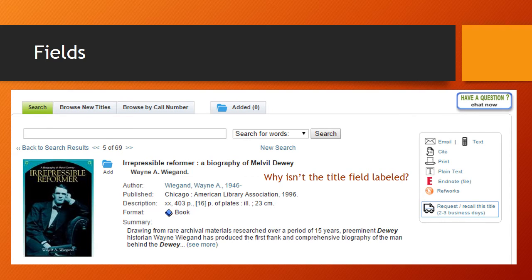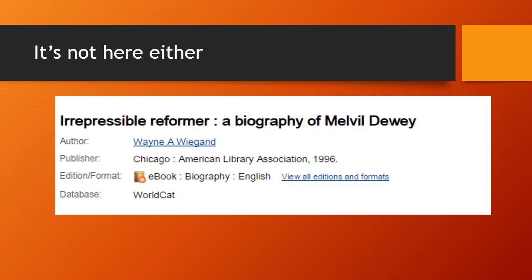And we still present our online public access catalog records. That's what this is, as if they looked like cards.